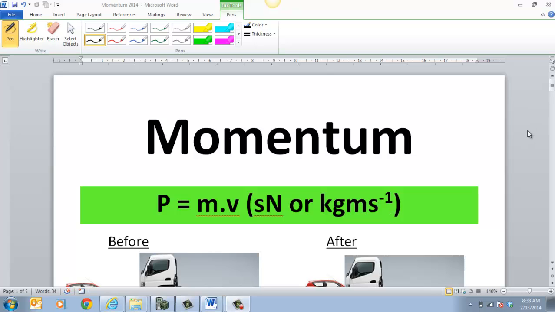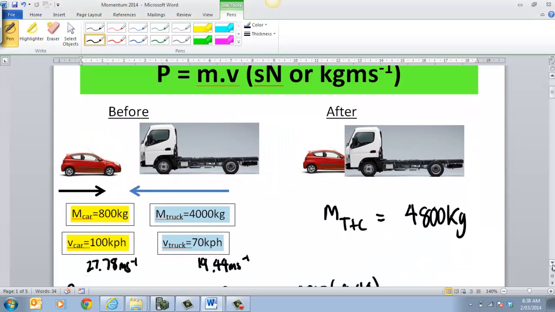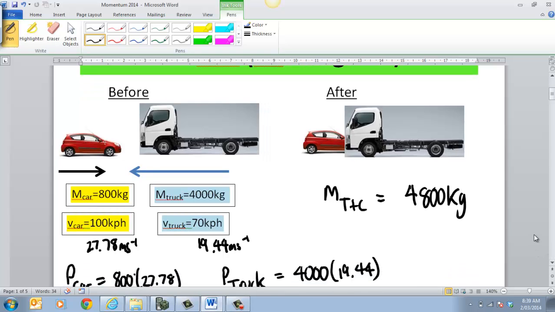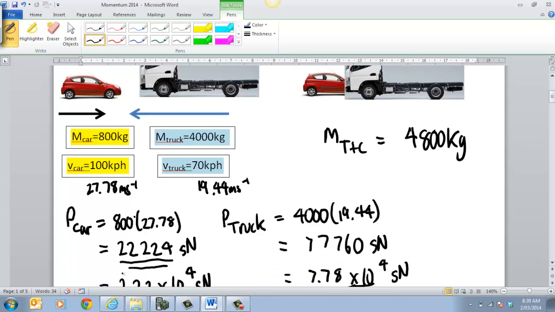We did look at two examples in class, so let's have a quick look at those. We had a truck and a car coming through, and we had the before and after situation. The first step was to work out the velocity of the car and the truck in meters per second. The initial momentum of the system was the momentum of the car plus the momentum of the truck.